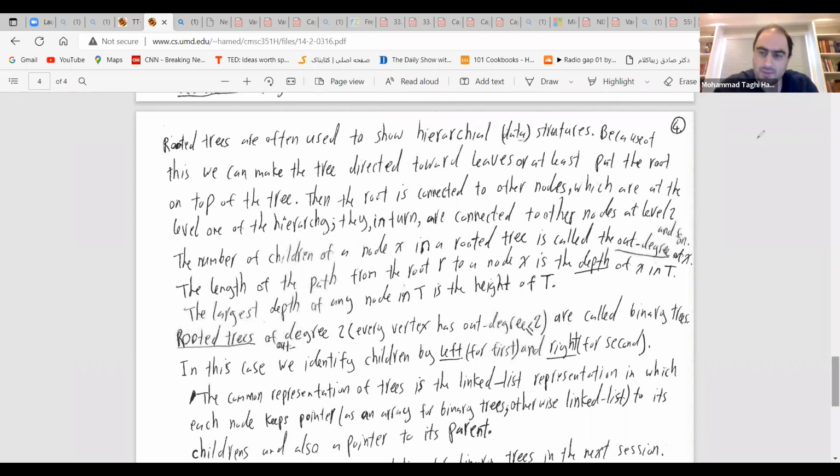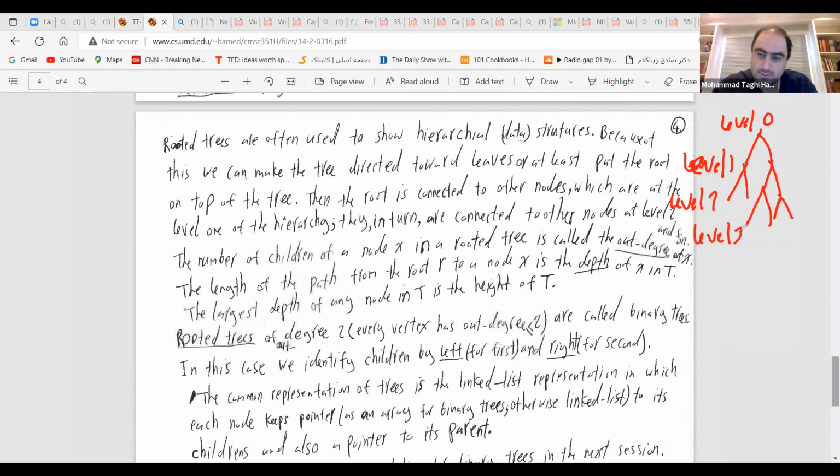If you have some kind of tree like this, you can consider this guy as level 0. Yes, the root is called level 0. This is level 1. Then this is level 2, level 3, and so on and so forth.